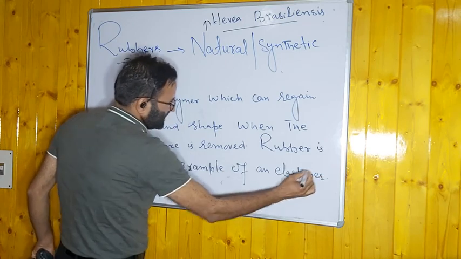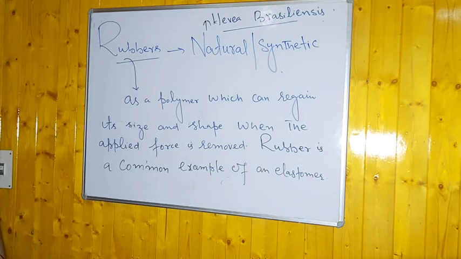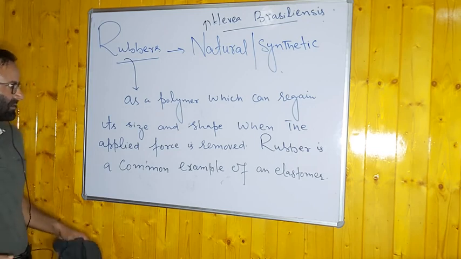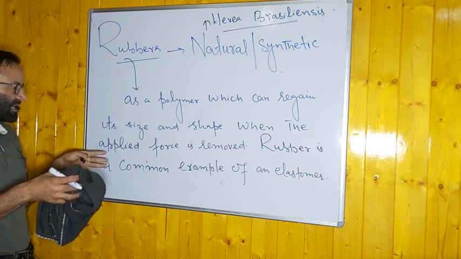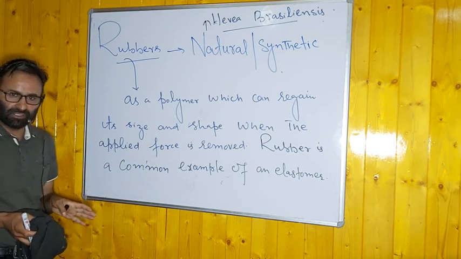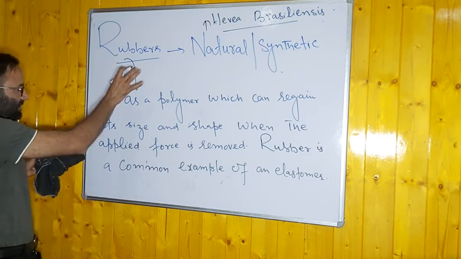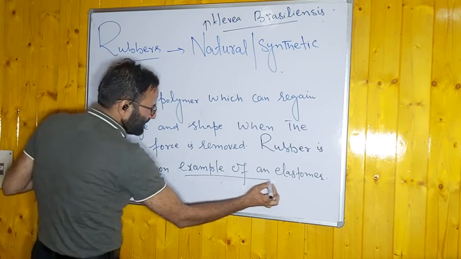You have to mention this point. In simple words, rubber is a polymer which can regain its size and shape when the applied force is removed, or you can say this rubber is an example of an elastomer.